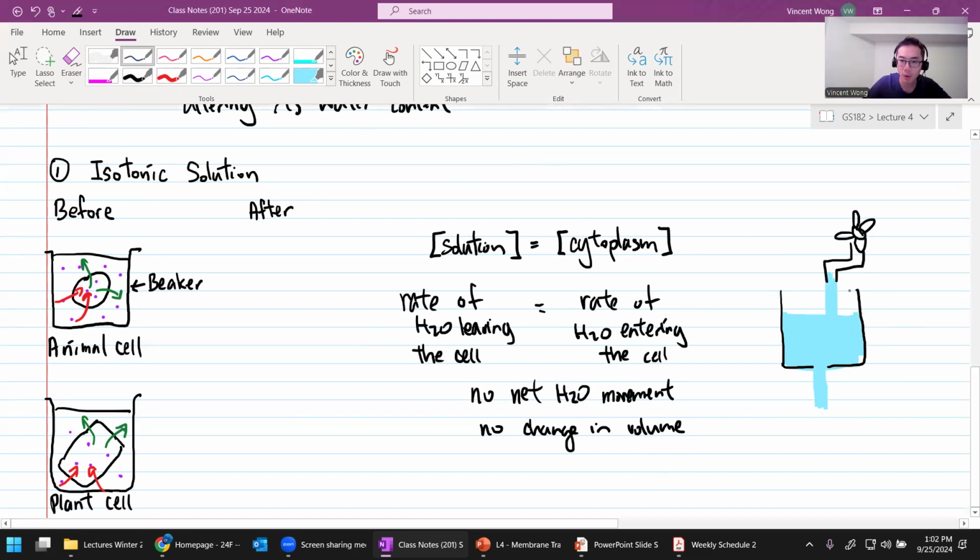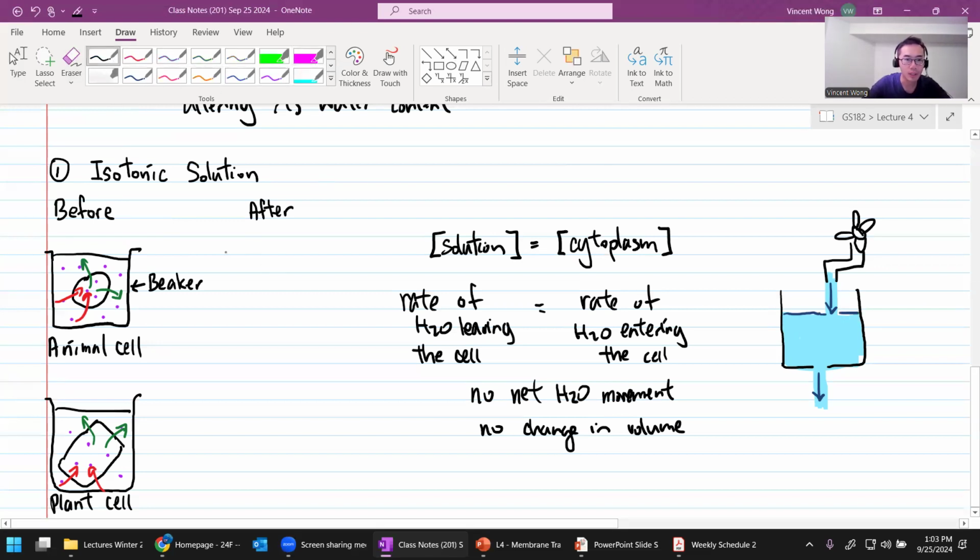But if the water is coming in at the same rate as it's leaking, then your water level will not change. Water is still moving, it's coming in and leaving, but overall, the water level is stable. And that's what's happening here.